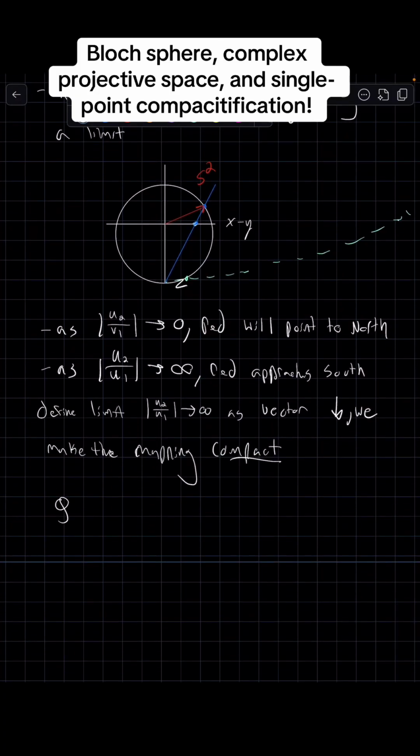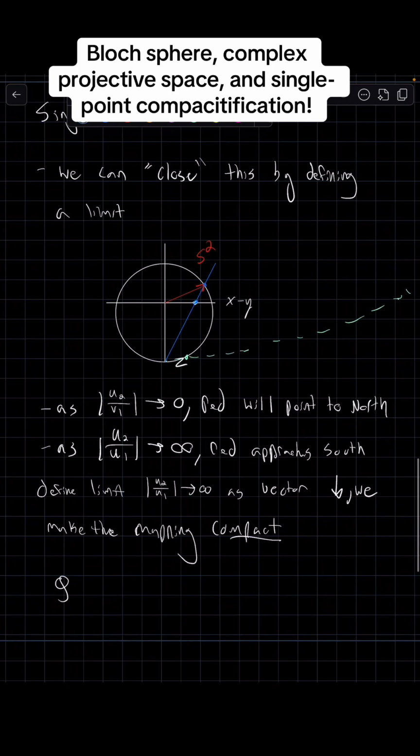And phi basically just rotates along the sphere. R is what defines this direction.